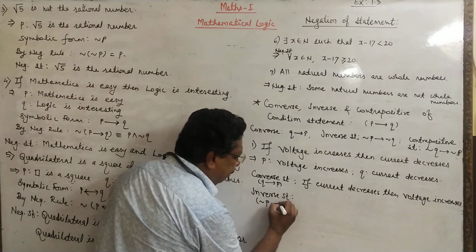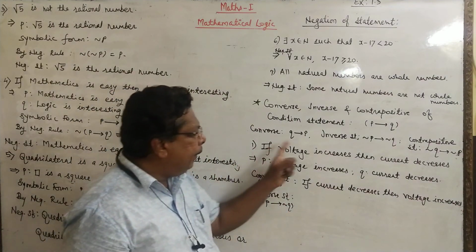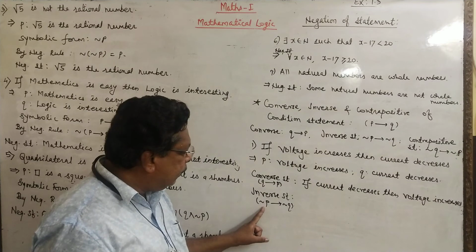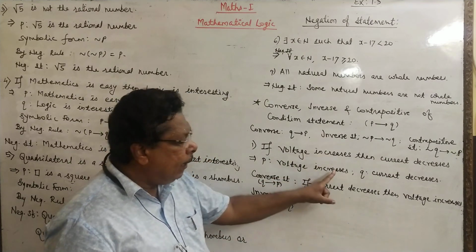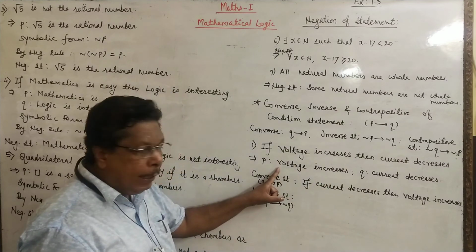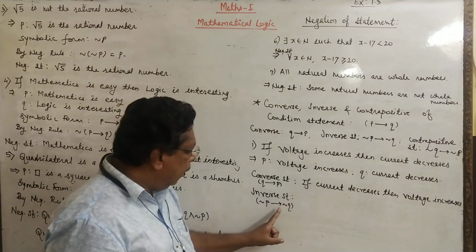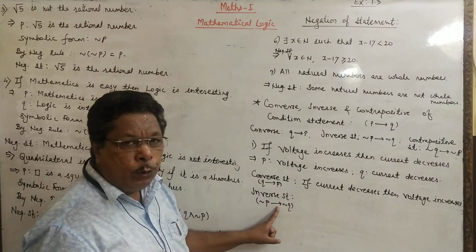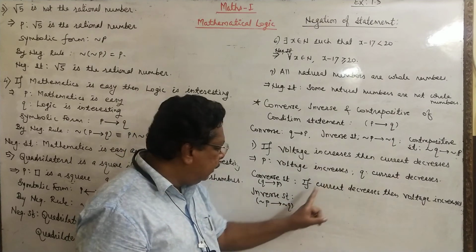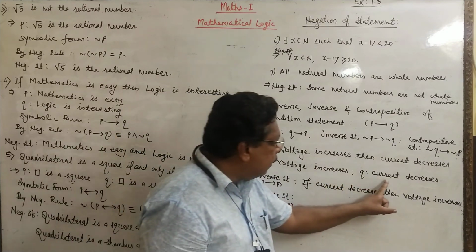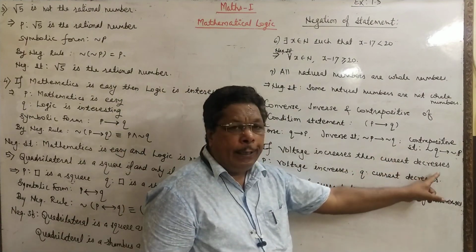Then the inverse statement. Inverse is negation P conditional negation Q. What is P? Voltage increases. What is negation P? Voltage does not increase. Conditional means join the two statements by if then. If voltage does not increase, then, Q is current decreases, negation Q is current does not decrease.